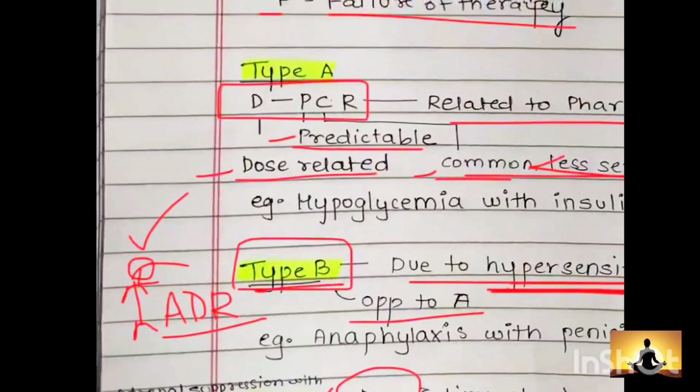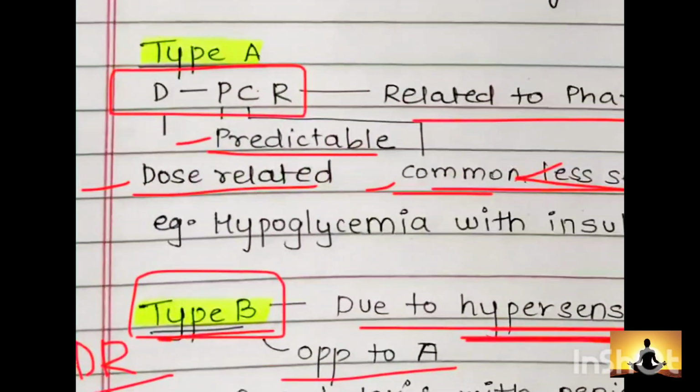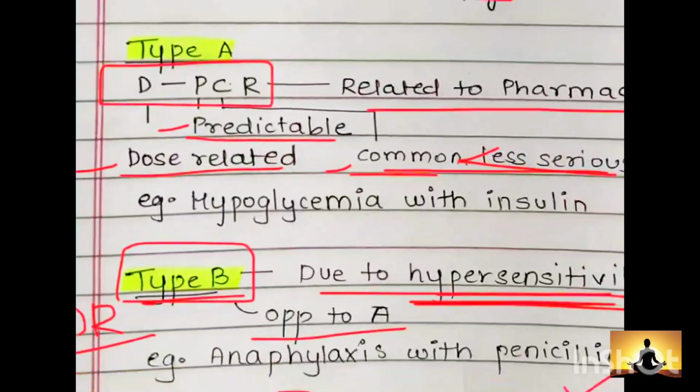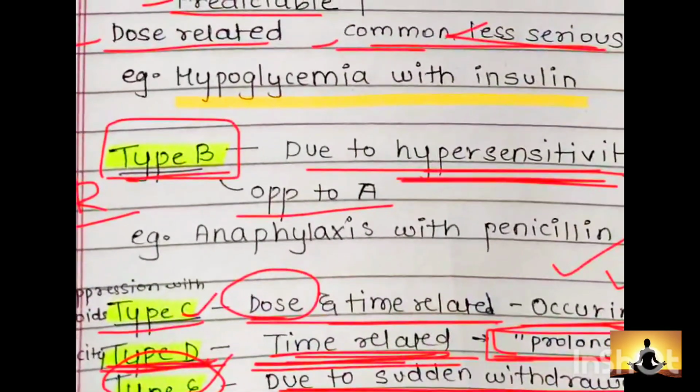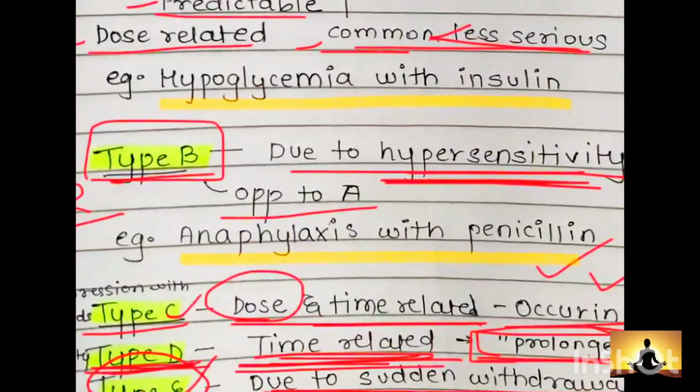Okay, let us read the examples. In type A, which is predictable, the example is hypoglycemia with insulin, that is glucose level decreases. Type B is anaphylaxis with penicillin.